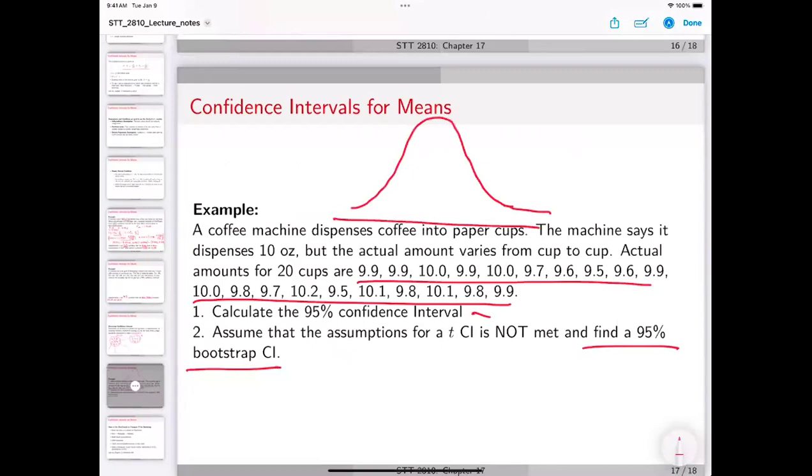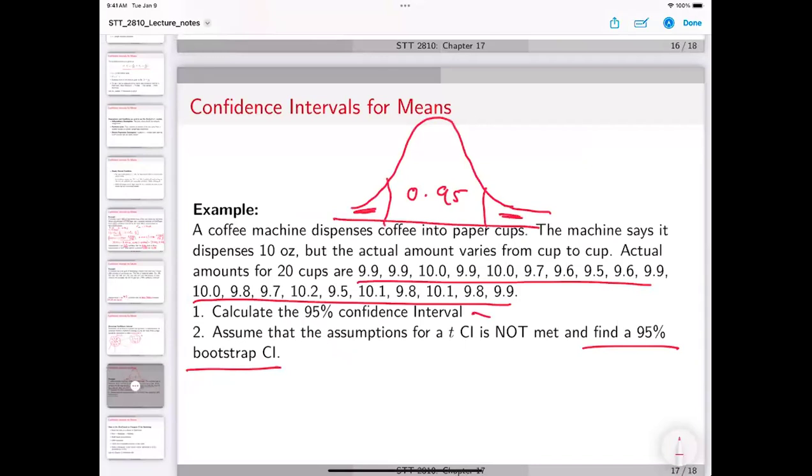What are we interested in? We learned in previous chapters that the whole area here is 1. Correct. So if the whole area is 1, and we are looking for the 95% confidence interval, here is 0.95. So we are left with 5%. If you are left with 5%, divide 5% by 2. What do you get? 2.5.